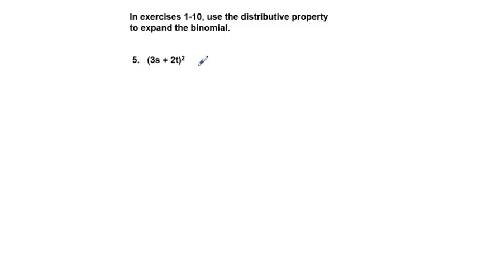Now for this one, I'm going to use a little trick. What you do for this one, and I did the box method using problem 1, the FOIL method using problem 3.